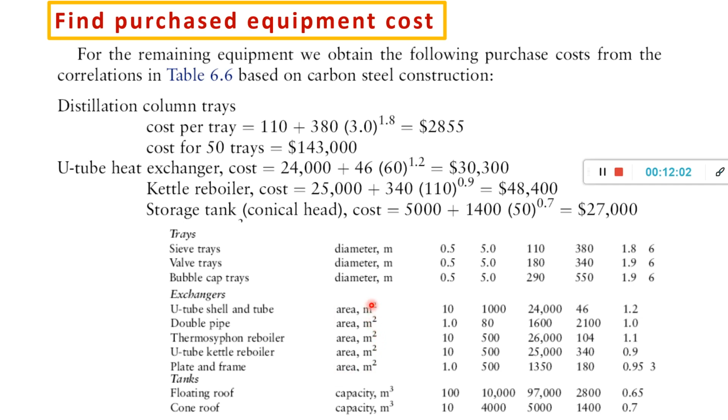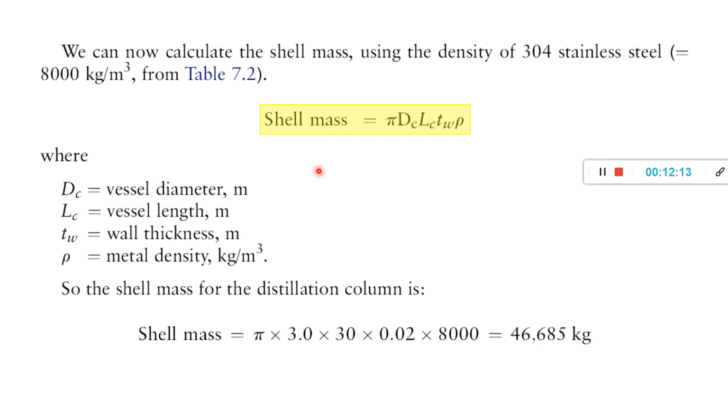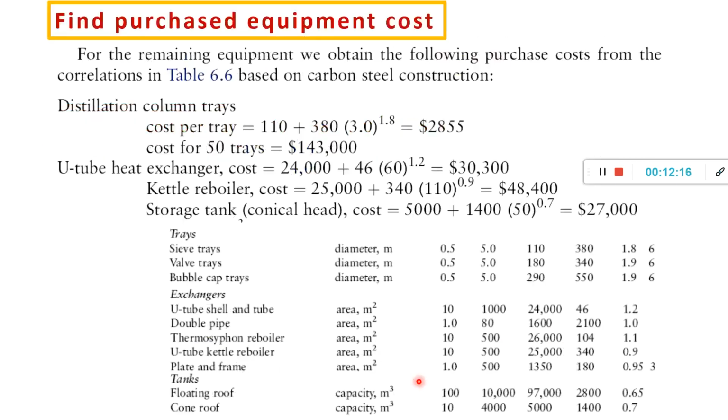For example, for the heat exchanger, you need to check the table to see what unit is used here. If it's in meters, then you need to convert it first, to avoid wrong calculations later on, because the unit here is meter square.